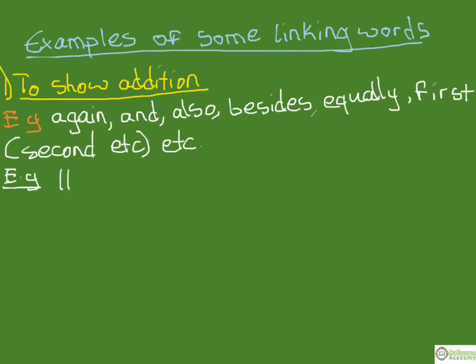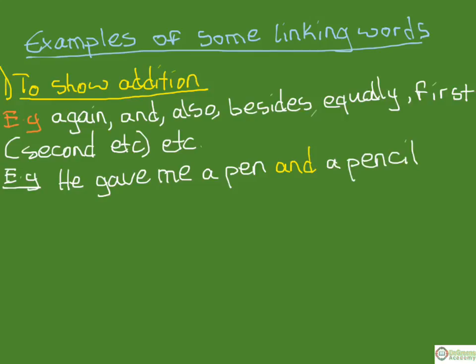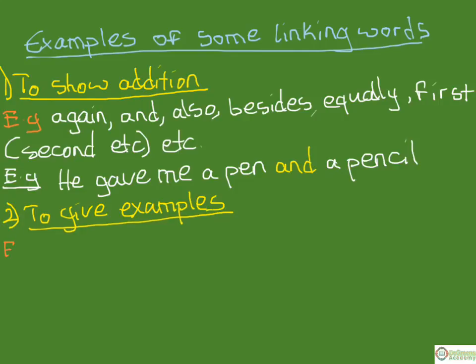So let's look at this example. In order to show addition, how can we put it? We can say, he gave me a pen and a pencil. The linking word there is the word in yellow, "and," which helps here to show addition. And so the second one is to give examples.